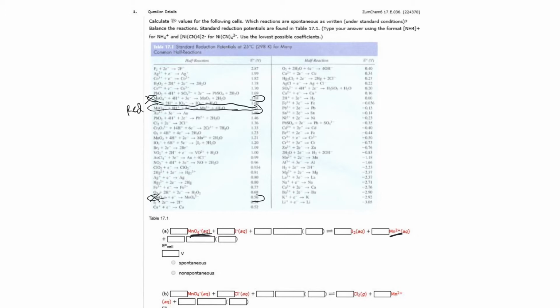The other reaction, or red letters, that I have are iodide ion on the left side and the iodine molecule on the right side. So I'm going to glance through table 17.1, looking for a reaction that contains both iodine molecule and iodide ion. Here's one. Notice that the iodide ion appears on the right side in the table of standard reduction potentials, but on the left side in the overall equation that they've started for us.